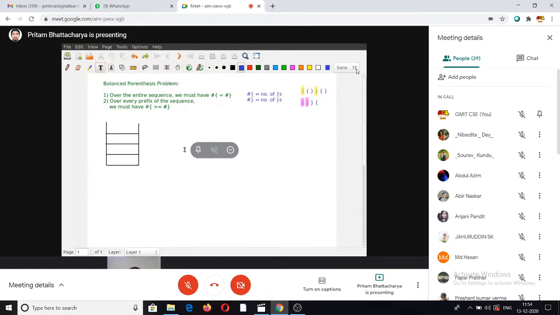Okay, I'm just writing down the input once again. So this is the input to the algorithm. Now, initially you start with pointing to the first symbol in the sequence. That is this one.